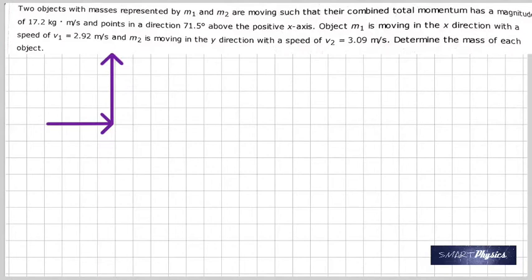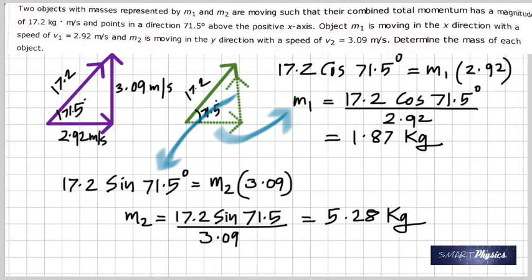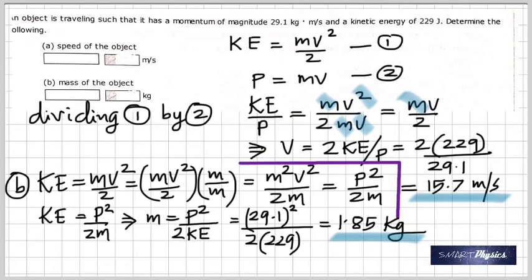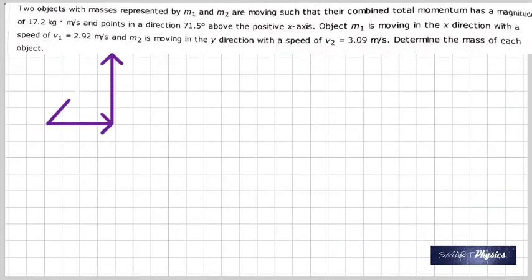You have to find the mass of each object. We have the combined total momentum, which is the resultant of these 2. How do you find the resultant? By joining the tips of the vectors. This angle is 71.5 degrees, this is 2.92, this is 3.09.